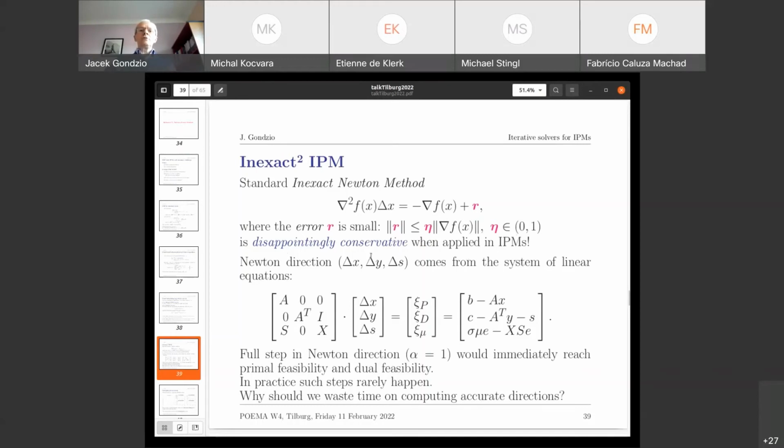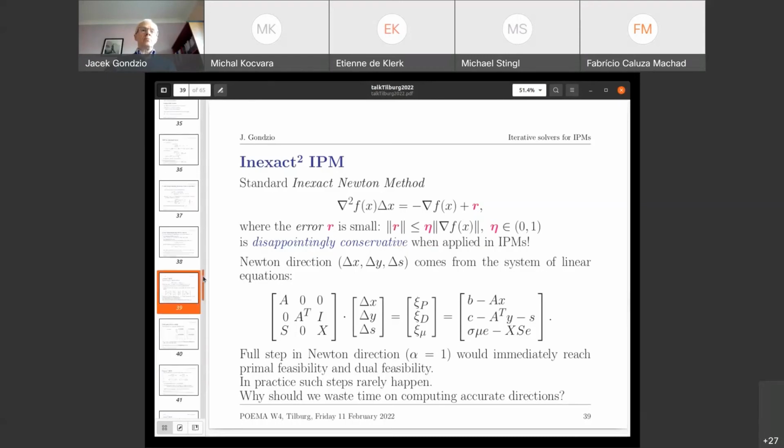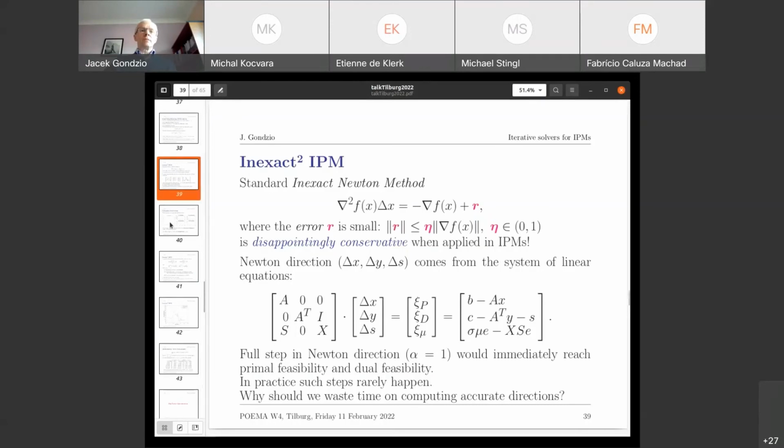So why shouldn't we be even more daring, even more brave, and say, well, do we really have to satisfy this condition? Maybe we can relax this condition even further and still enjoy a fast convergence. And that's indeed what we have done with Filippo Zanetti, my recent PhD student.